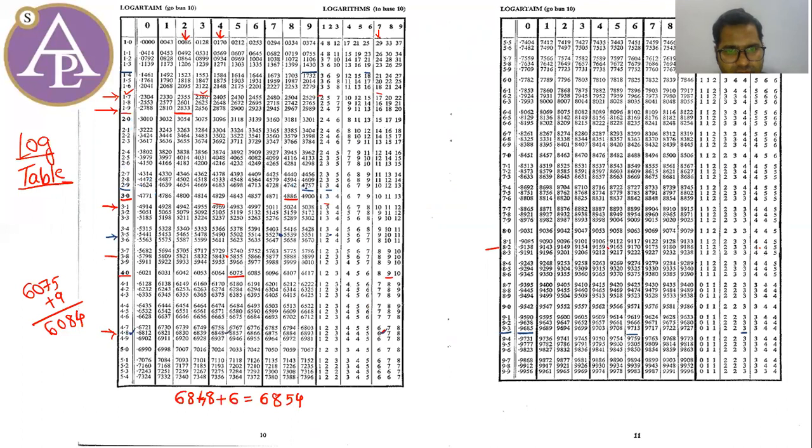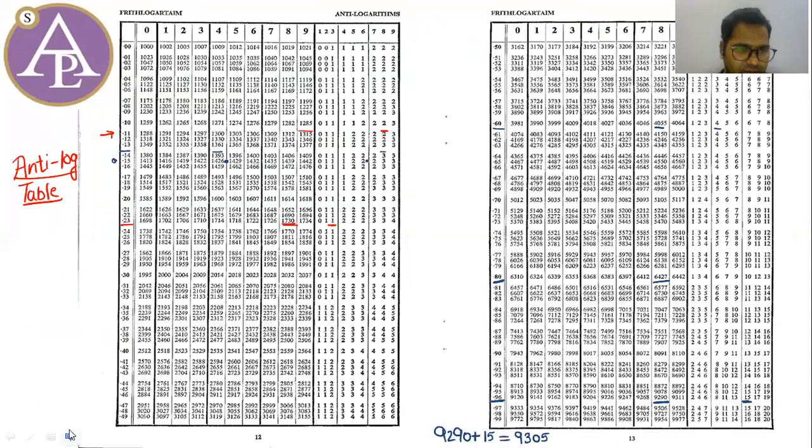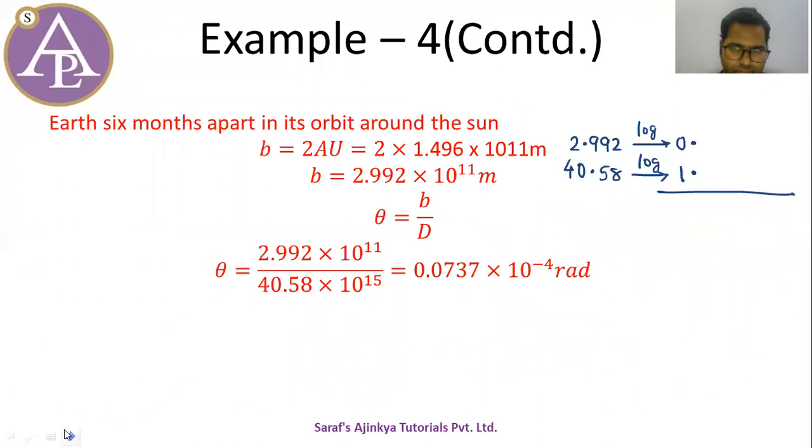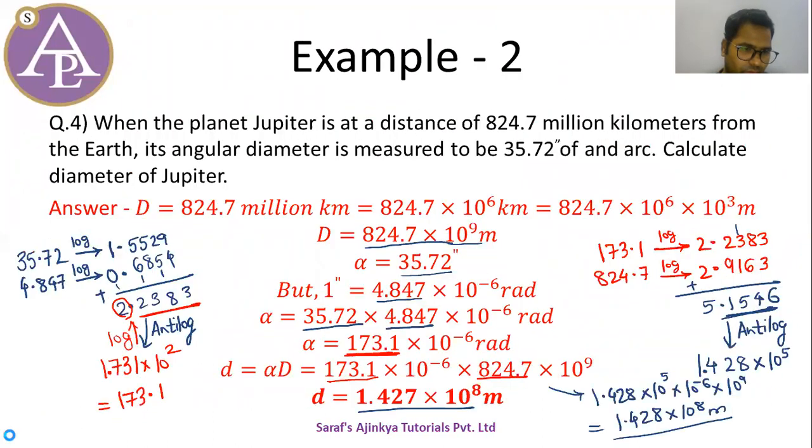So it will be 4757 plus 3. So what is 4757 plus 3? It is 4760. 4760 and 4058. So 4058.